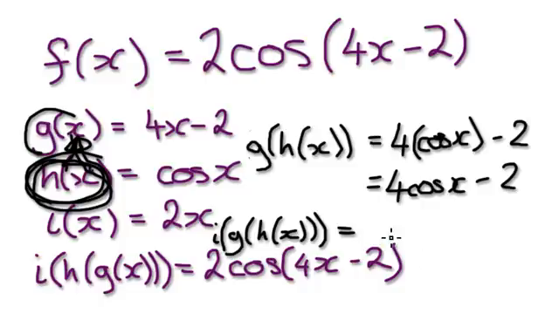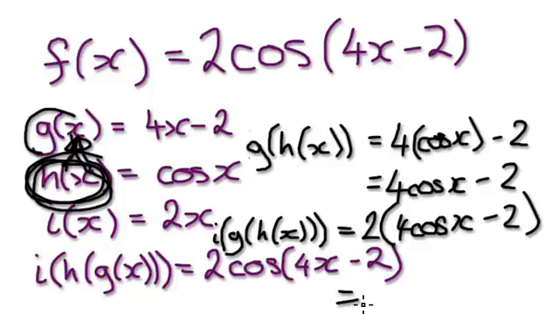So it will be this. So it will be 2 bracket, and then this whole thing here, which is 4 cosine x minus 2, and then close it off. So now it's just a matter of tidying up. So this times this, that would be 8 cosine x, and then this times this here, that would be minus 4.